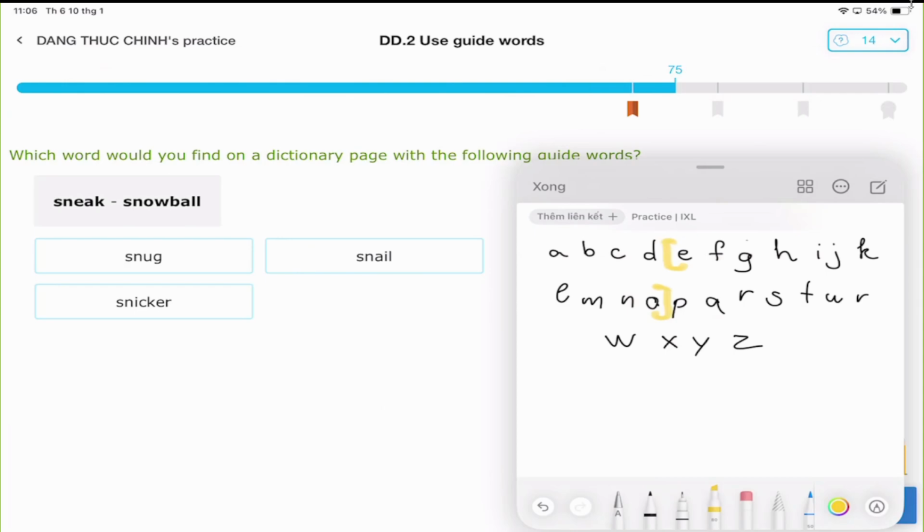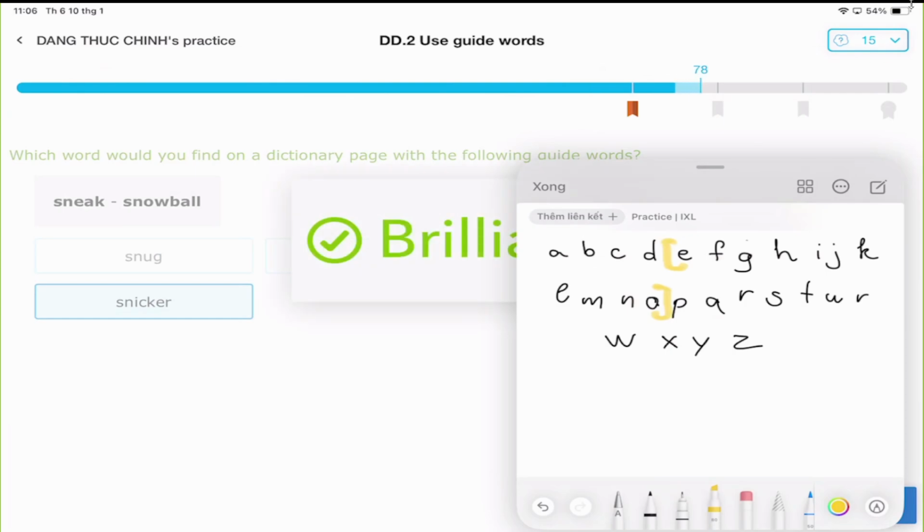Next up, snail. A stands before E. A already stands before E, so snail is definitely no. I think it will be snicker, but let's take a look. Yes, I stands in between, so between E and O, we would definitely find snicker between sneak and snowball. So snicker.